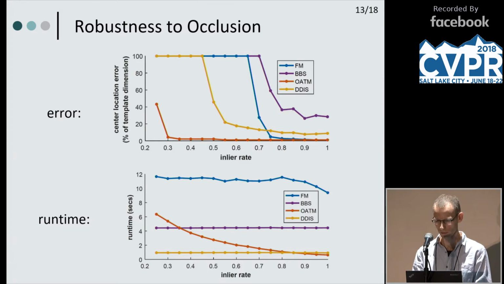We're the most robust to occlusion, and we can handle up to around 70% of occlusion here. In terms of runtime, it's interesting to see that our runtime is inversely proportional to the inlier rate, and this is since we use the standard RANSAC trick of changing the number of iterations adaptively according to the detected inlier rate.